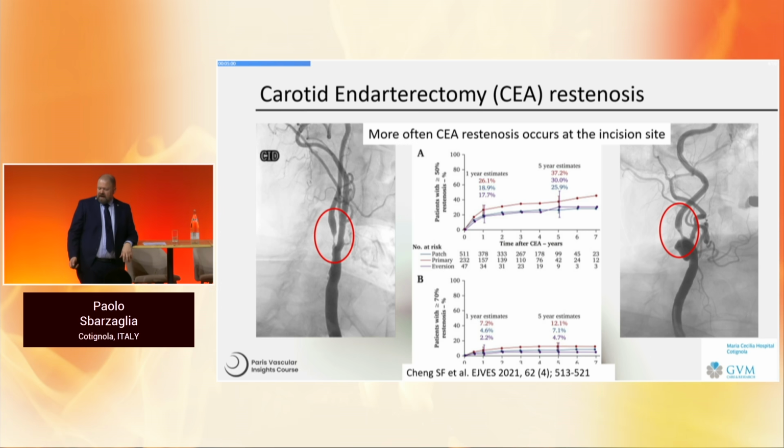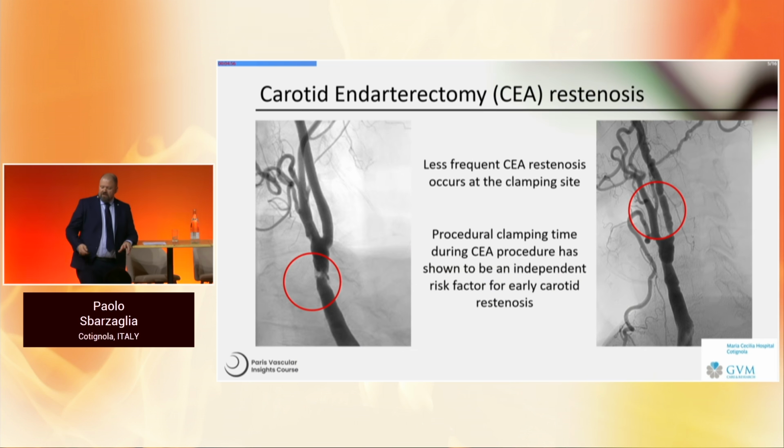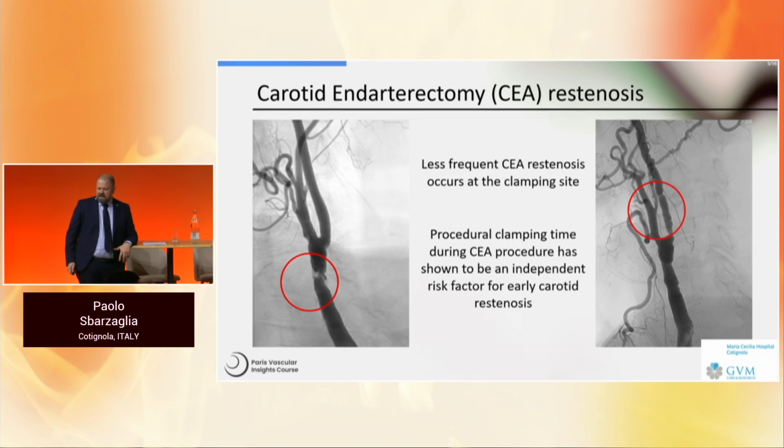We can also have lesions at the level of the clamping, both at the distal clamp and the proximal clamp. There's some evidence that procedural time and clamping time during surgery can be a risk factor for early carotid restenosis at that site.